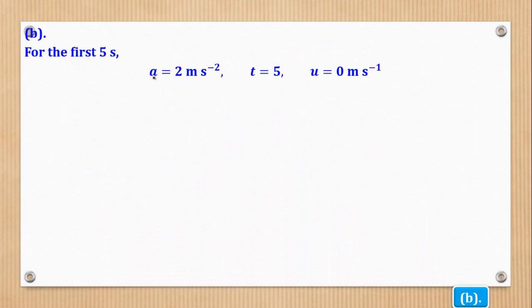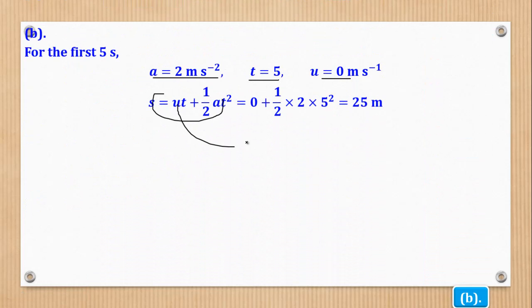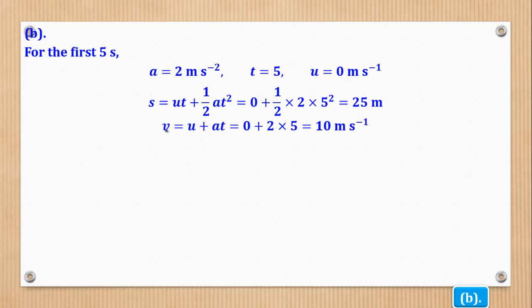So for the first 5, acceleration is 2, time is 5, u is 0. So use the second equation of motion and substitute for u, for acceleration, and for time to get 25 meters. First equation of motion, u, acceleration, time to get the final velocity after the 5 seconds.